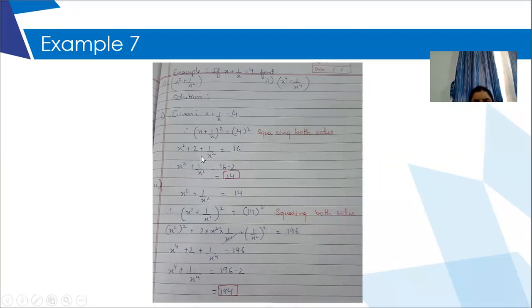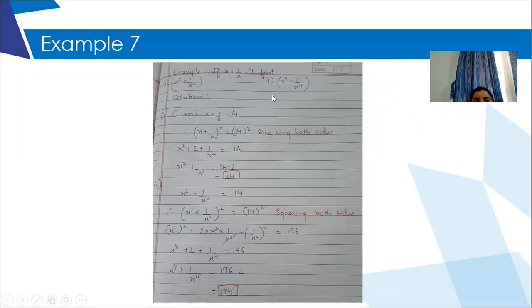No, not required. So now this 2 will get transposed. This is a pure number. It will get transposed to the right side and change its sign. The only terms left on the left side are x square plus 1 upon x square, and it is equal to 14. 16 minus 2 is 14.